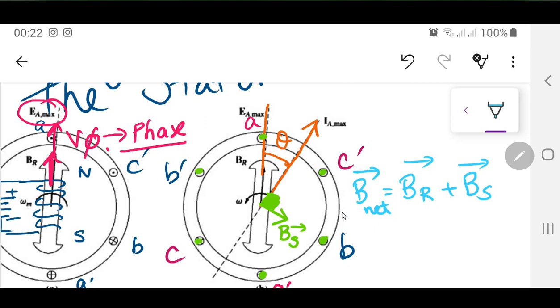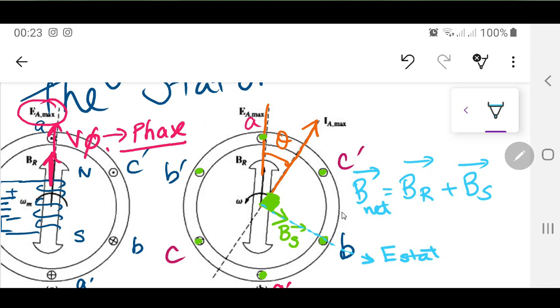If BR produced EA max, can we call that BS is going to produce an EMF over here, which we can call as E stat. Just like over here, there are two magnetic fields now. Certainly they both are moving with the same speed. One, the main magnetic field is BR, and that is producing an EA max over there.